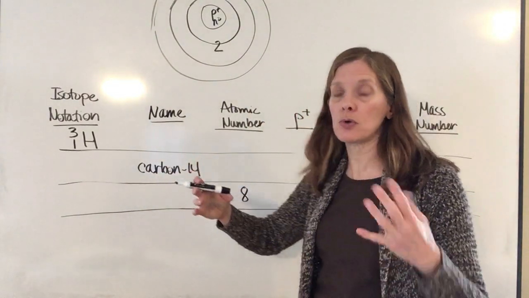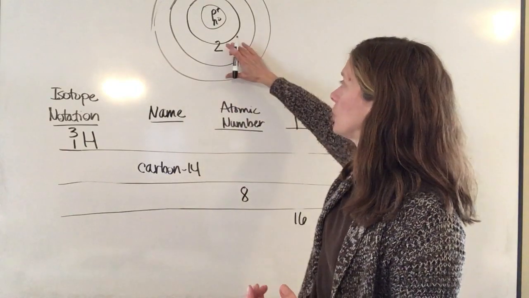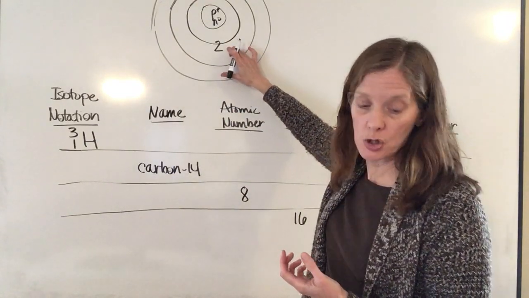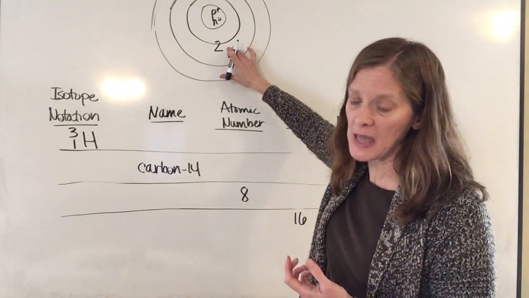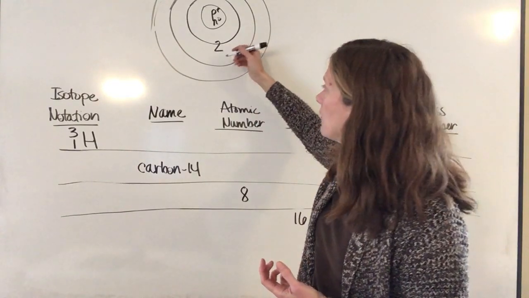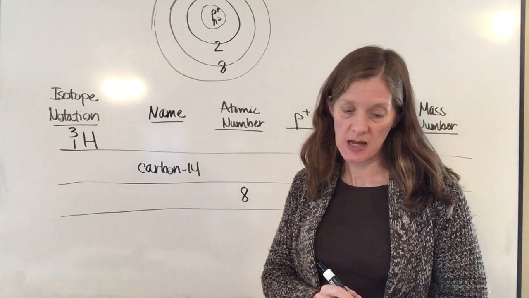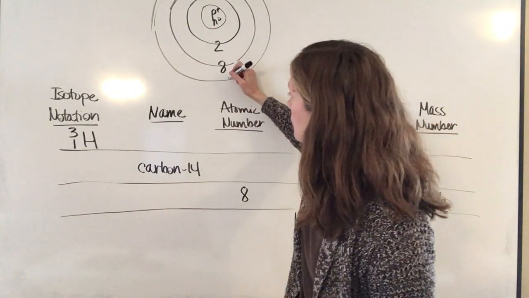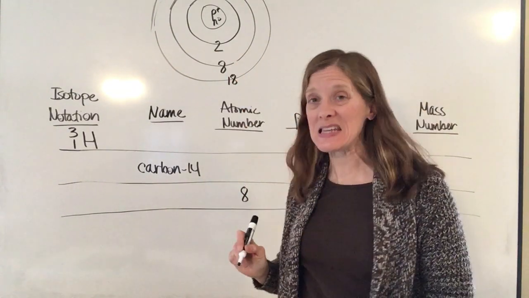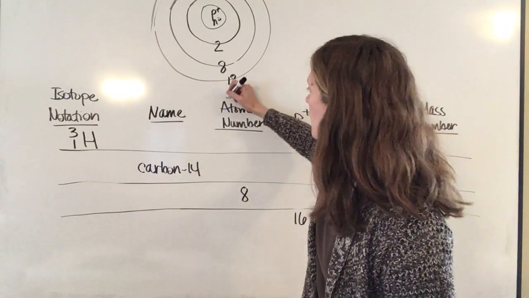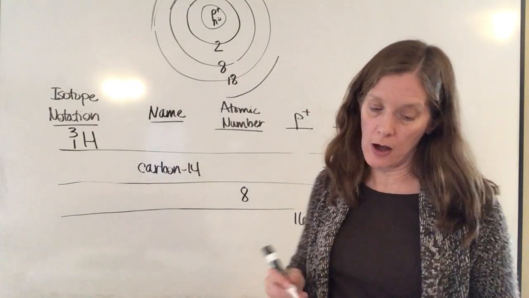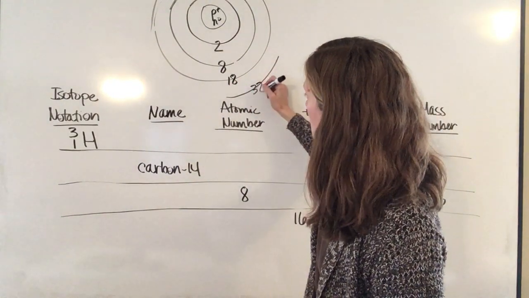So only 2 are going to go in here. The second energy level can hold up to 8 electrons. The third energy level can hold as many as 18 electrons. And one more energy level out, it can hold as many as 32.